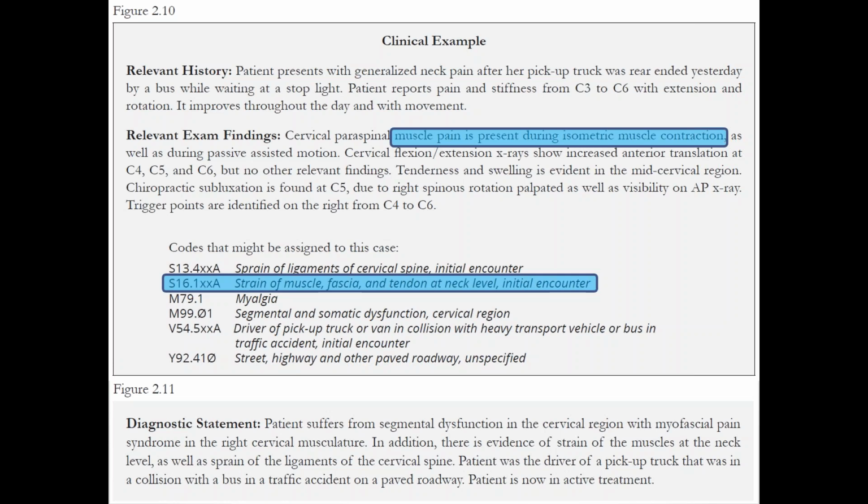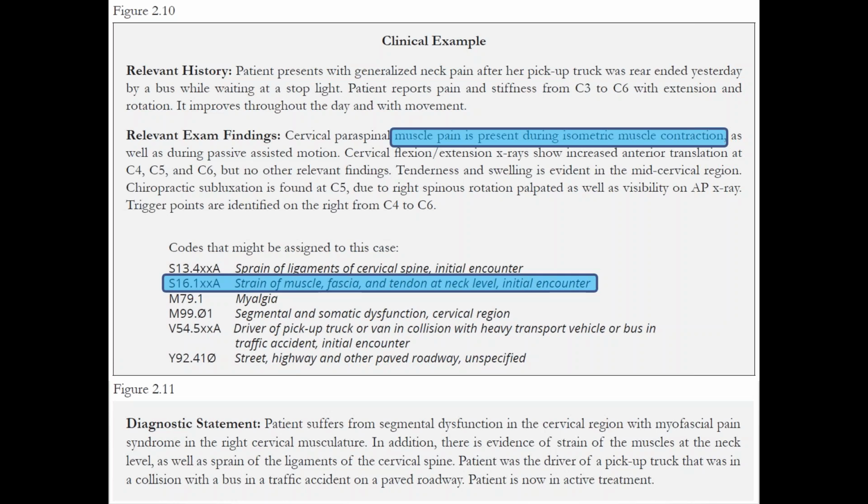So if you look up in my notes, number one, they had a trauma, so they were in a car accident, so that is typically associated with a strain. Plus, I've got the documentation that muscle pain is present during isometric muscle contraction. So again, contrasting with ligamentous sprain, for a strain, I have findings that are tied to the muscles, not the ligaments.